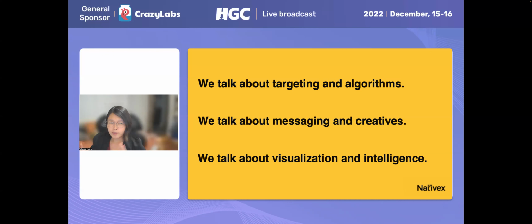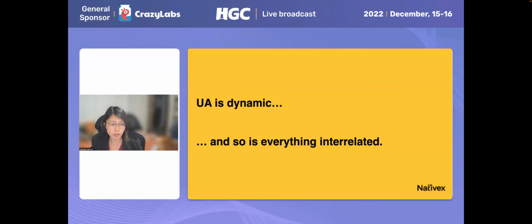Around those topics, the market can have actually piles of books for every and each topic listed here. But would those cheat sheets be enough? Answer would be no. UA is dynamic. And as it is dynamic, so is everything interrelated.